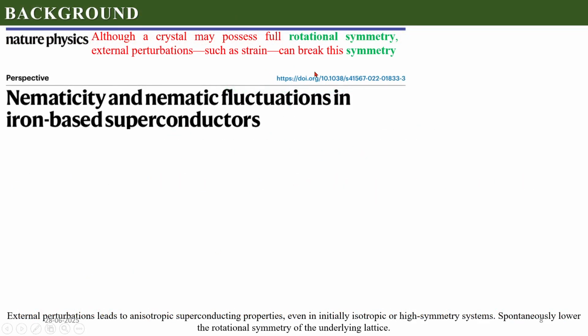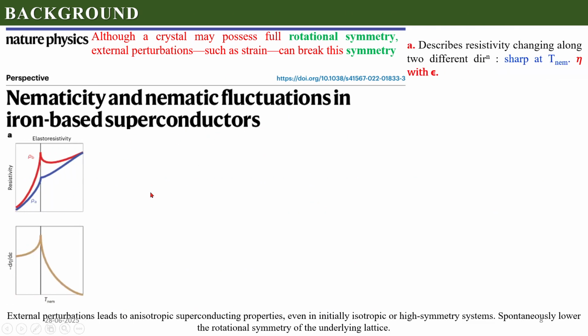So this is the background on nematic superconductivity, with the results shown here. First is the elastoresistivity. The resistivity can identify nematic superconductors if we measure it in different crystal axis directions.